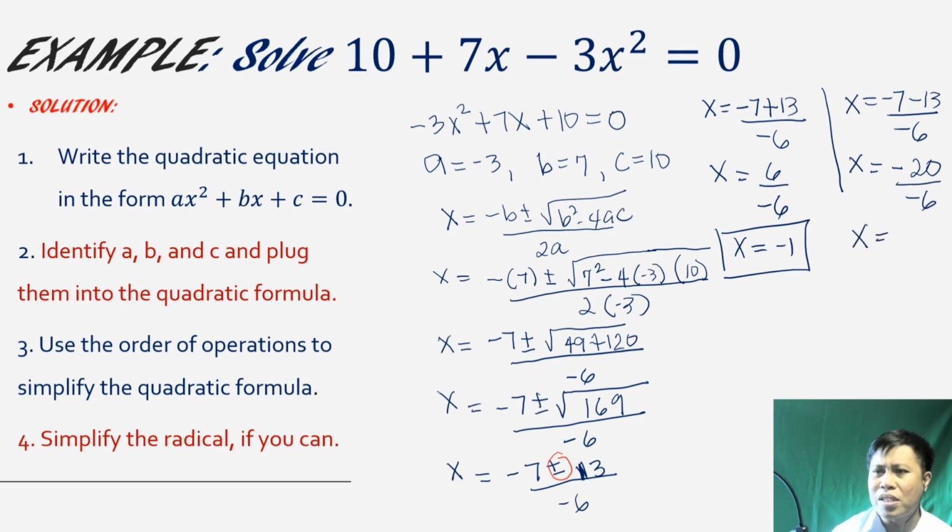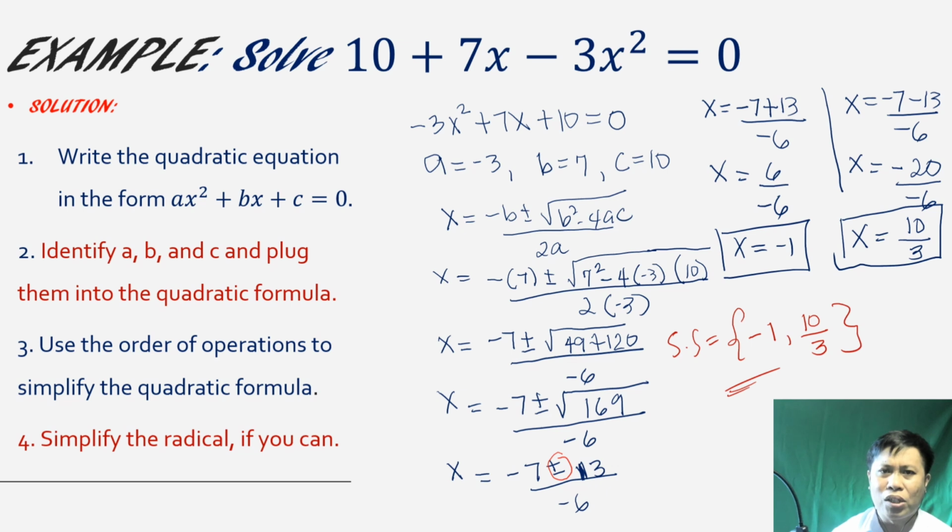So x now is equal to positive 10 over 3. Okay, so this is the second value of x. So therefore, the solution set is negative 1 and 10 over 3. Okay, so that is now the value of x.